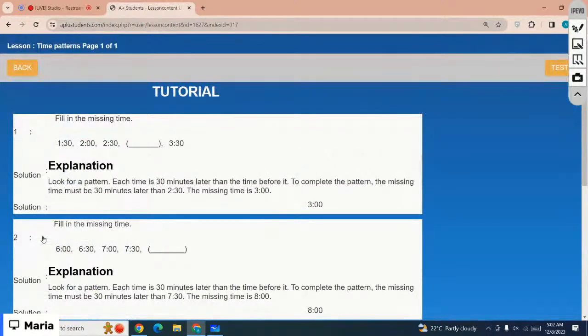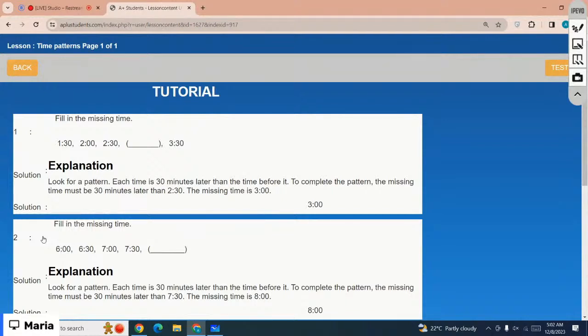For example, the first one is fill in the missing time, right? You have 1:30, then 2, then 2:30. You need to see how the time is increasing every time. Each time is 30 minutes more than the previous one, isn't it? 1:30, add 30 to 1:30, you are on 2. Then 2 plus 30 is 2:30.